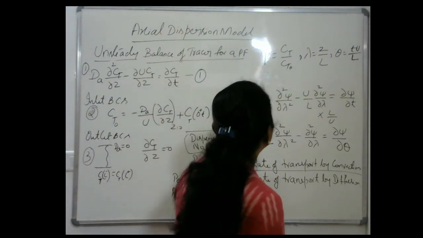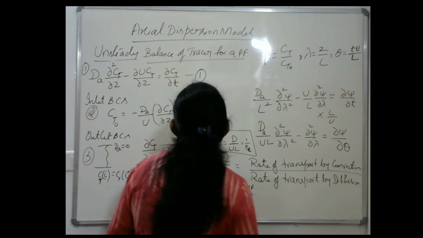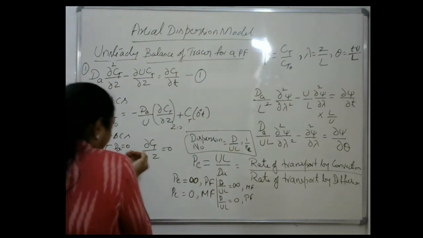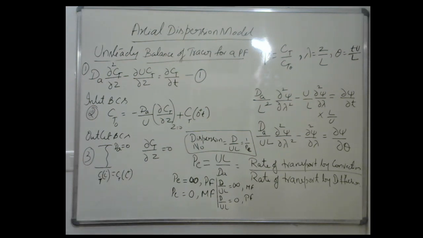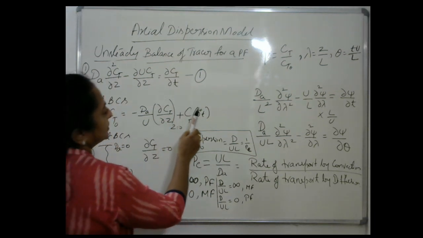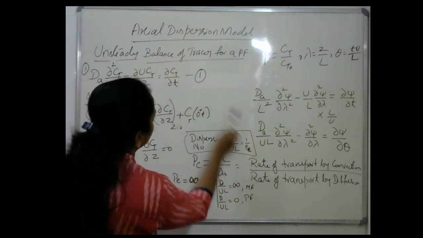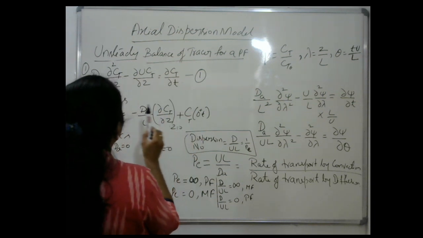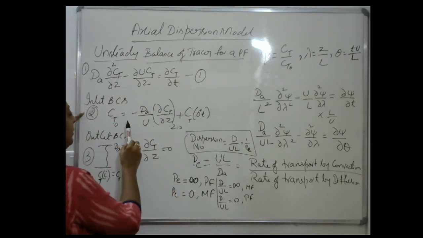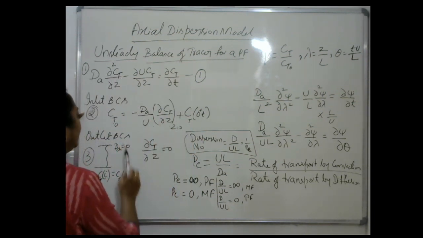The next part is getting dimensionless forms. Of course, I have obtained one dimensionless form for this equation. Now, time to find the dimensionless equation for the boundary conditions.